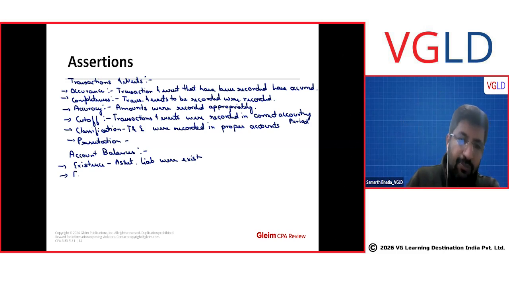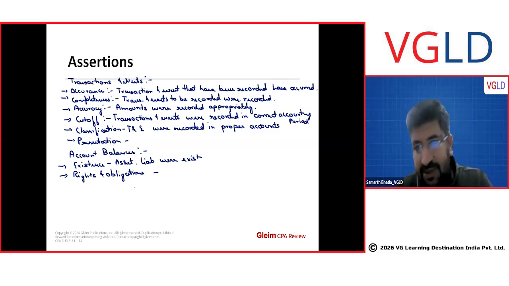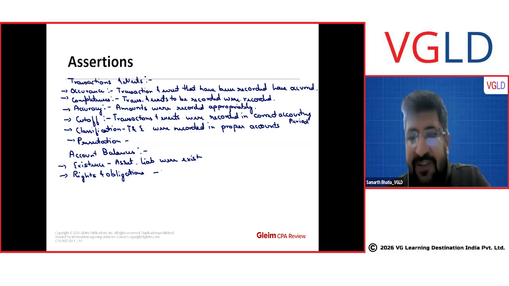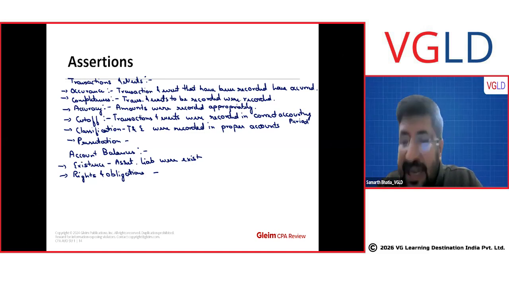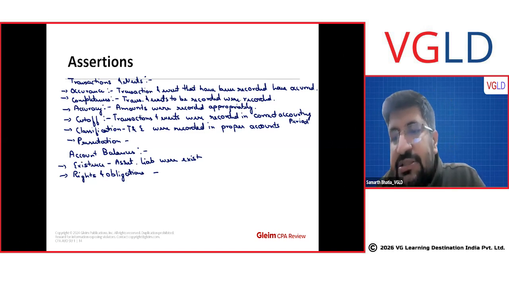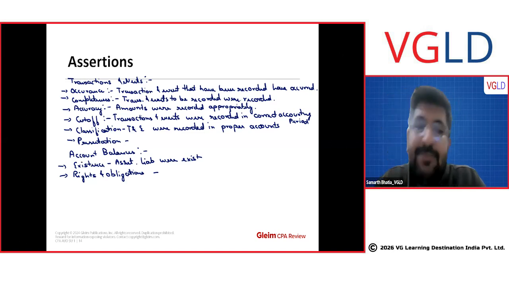Then it's most important that we should have the rights and the obligations. Rights and obligations mean that ultimately, if we are showing any assets, any liabilities in our books, we should have the right to control an asset. We should have an obligation towards our liabilities. That is something important. We can't show the liability of someone else.